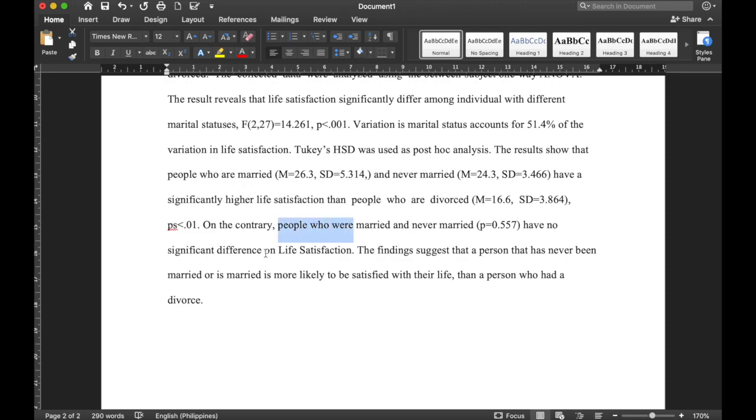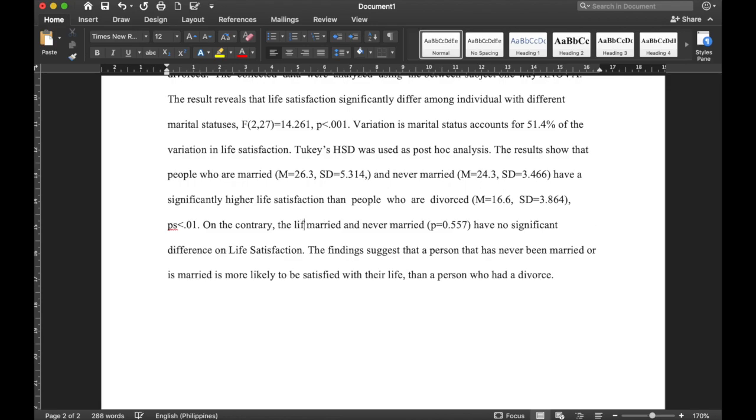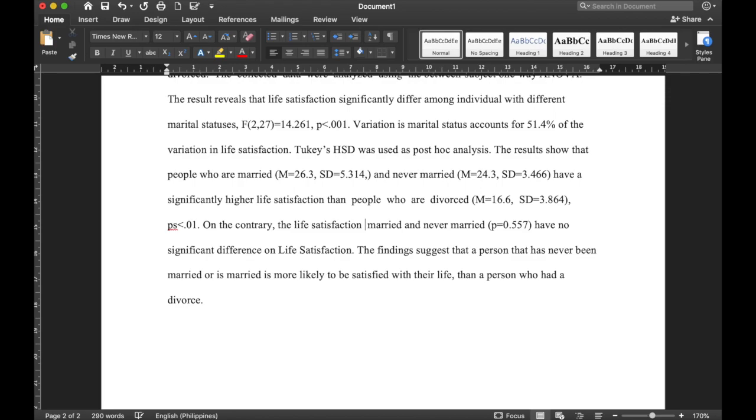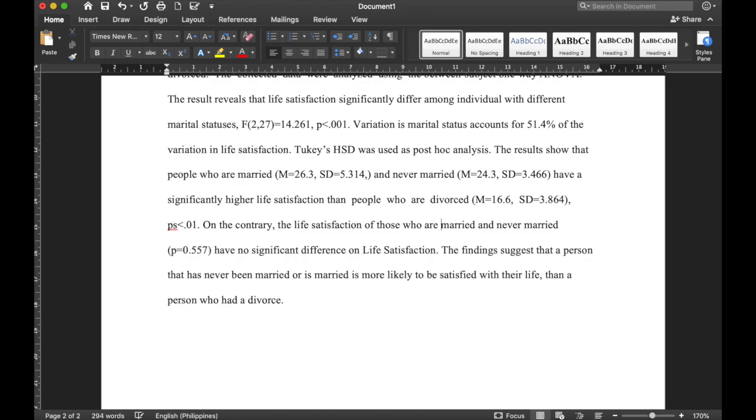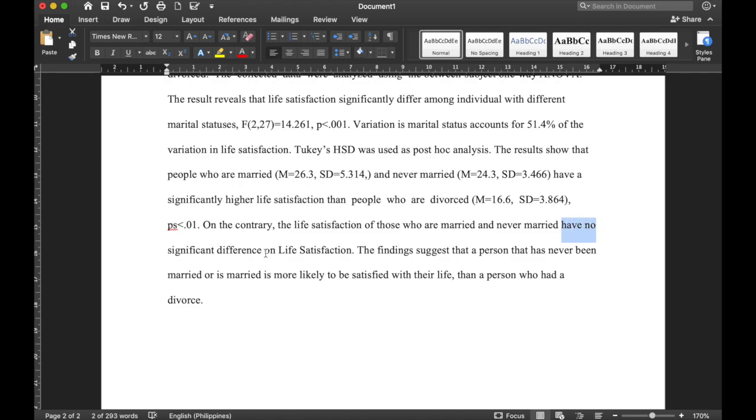Or you can say, on the contrary, the life satisfaction of those who are married and never married are not significantly different.